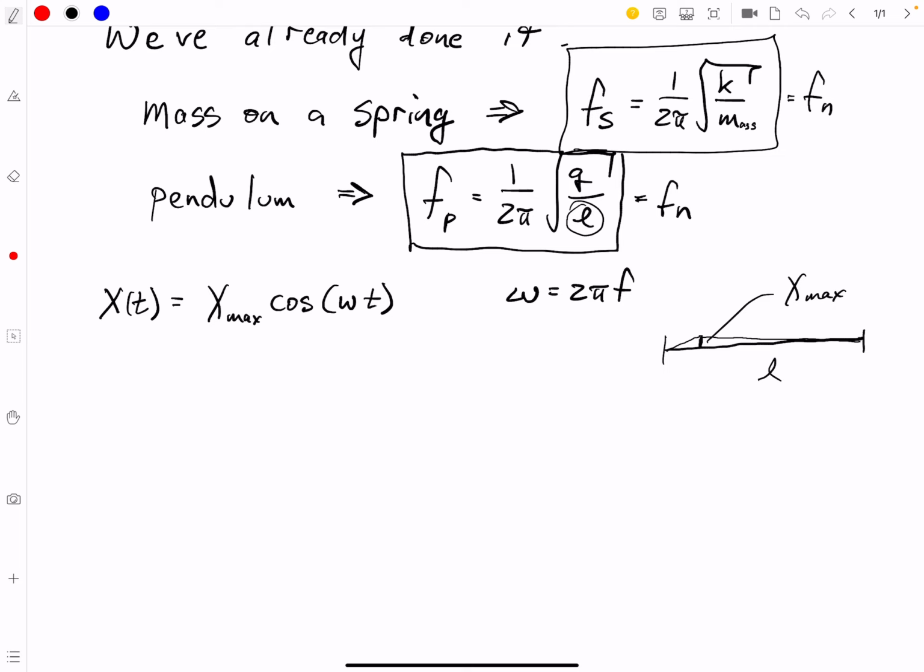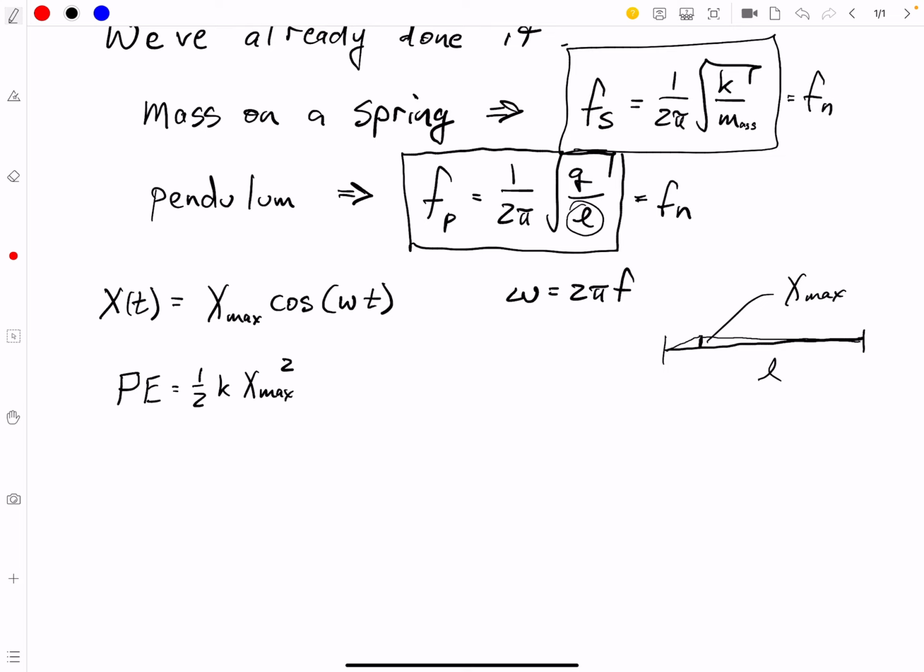If we drive that system, well, let's talk about the energy. So the potential energy is going to be 1/2 k x max squared.